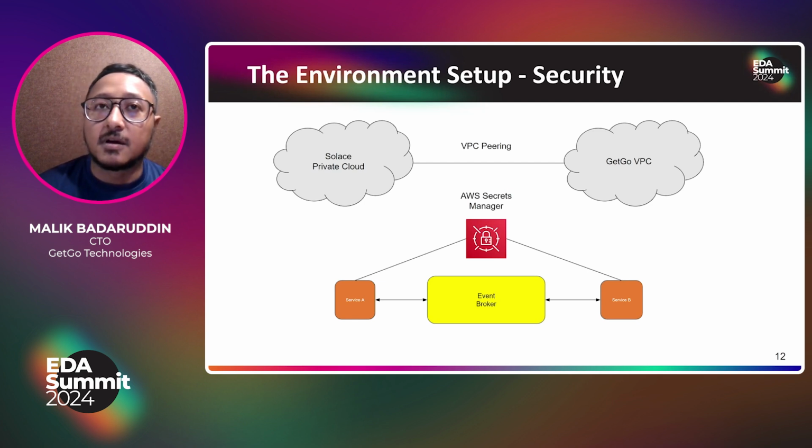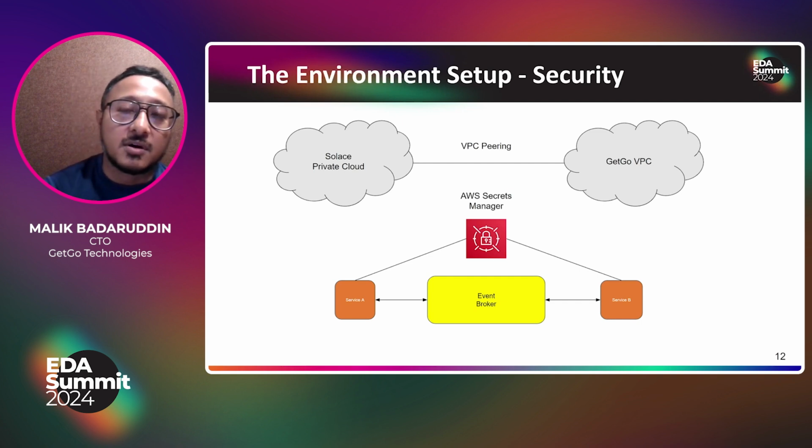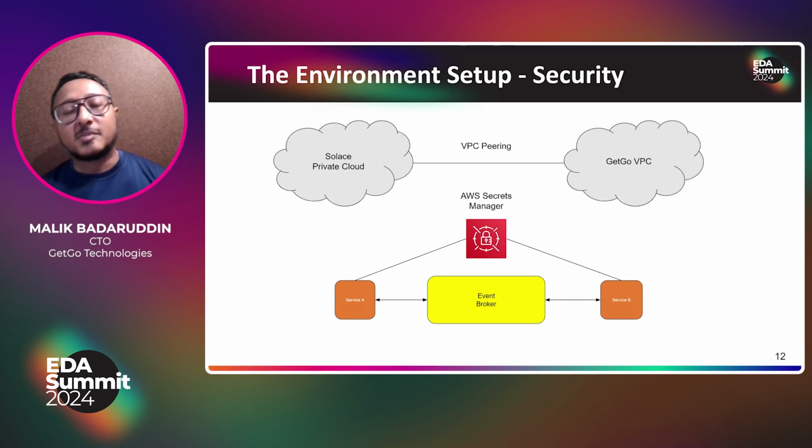There's no public access. And another part of security that we also try to establish is internally at the service level, right? So what you typically need for a service when you connect to a PubSub like Solus is an authentication token, right? You need to authenticate to enable the publisher and the subscriber to have a connection. And one easy way to do this is to write that authentication token within the service.